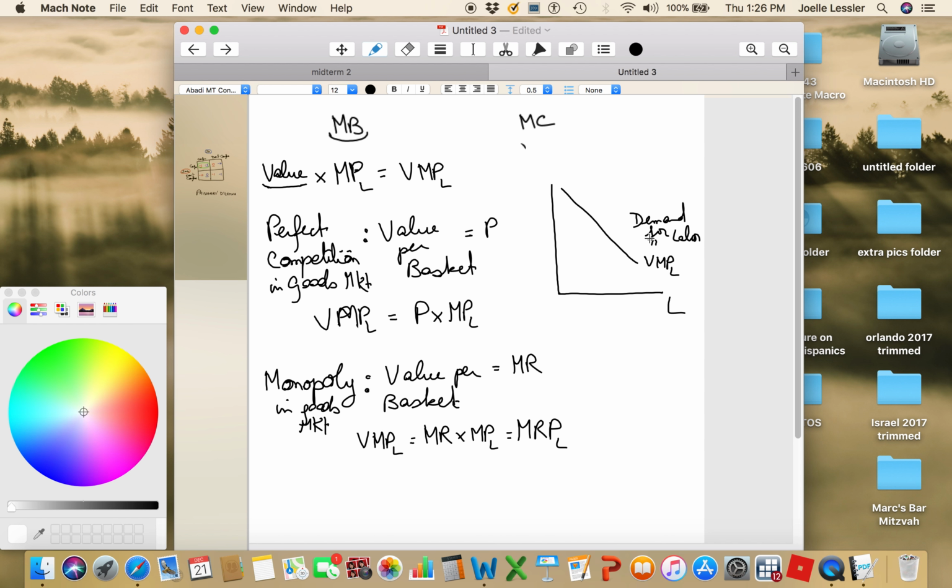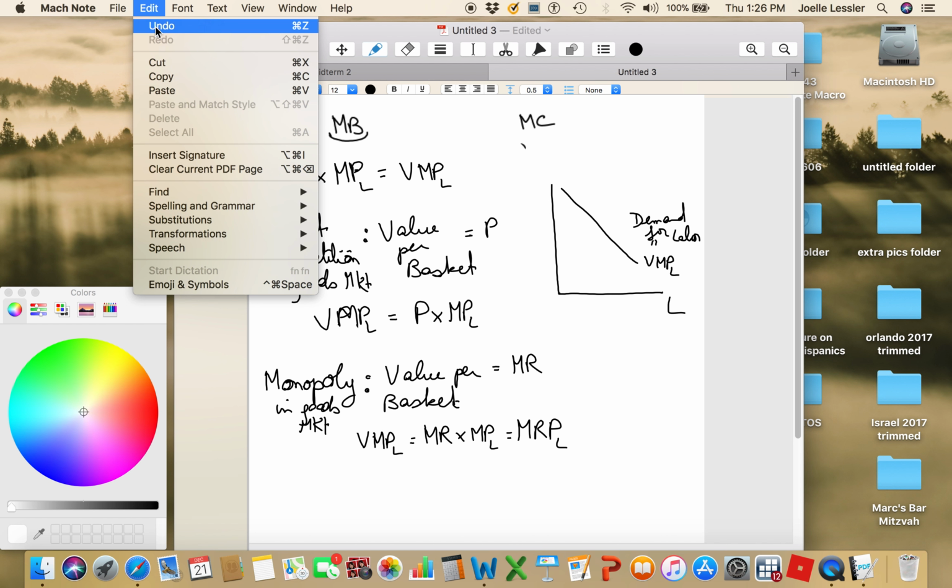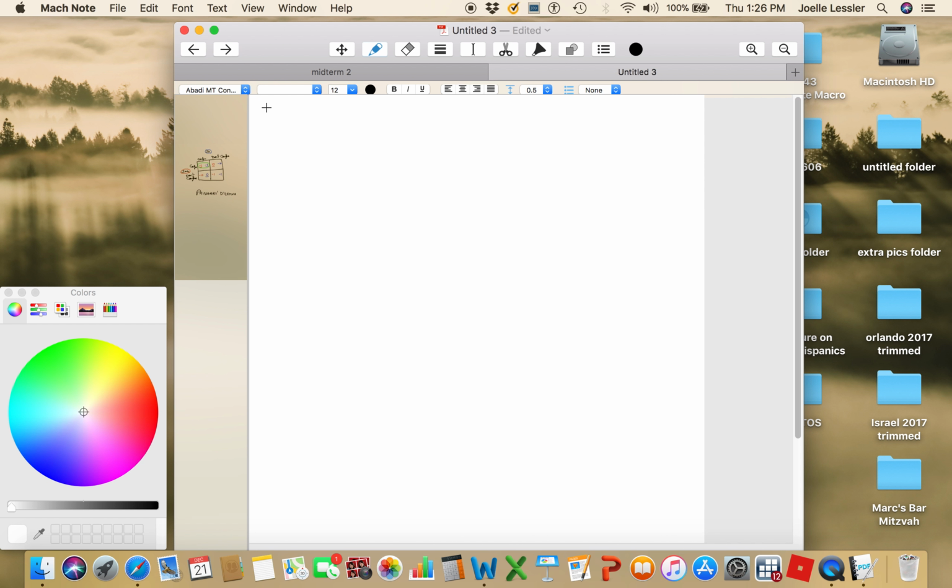The demand for labor is the value of marginal product of labor. All right, so let's repeat that. For any firm, the value of marginal product of labor is the demand for labor.